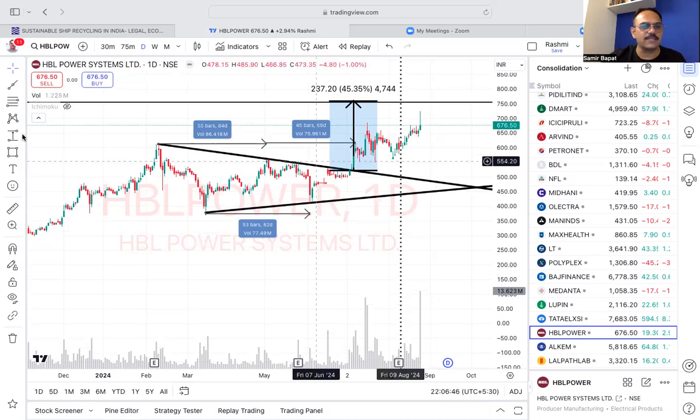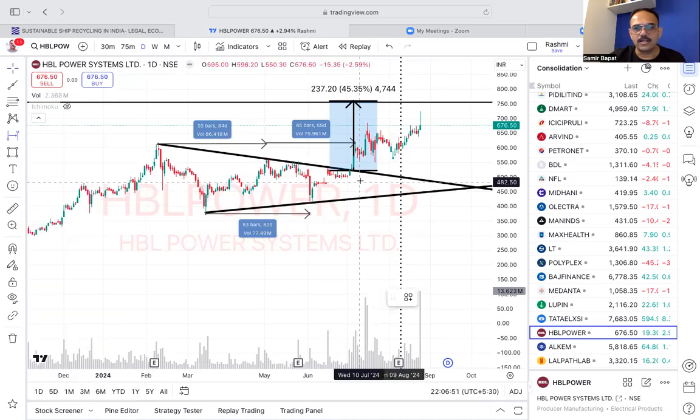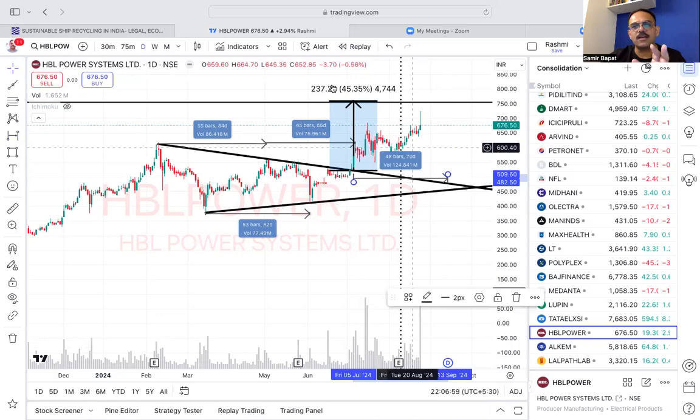If we measure the number of days, most likely it will reach by the dividend date, 13 September. In 1.5 months, we are able to achieve 45%. Depending on the triangle and the consolidation, you can gain 45%, 30%, 20%.